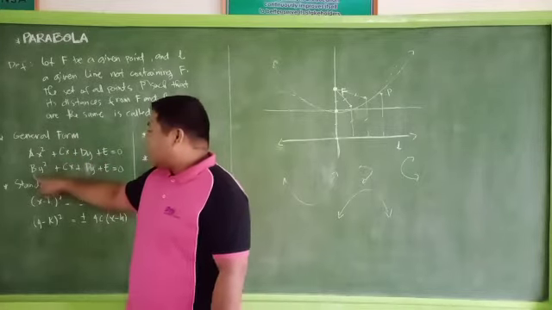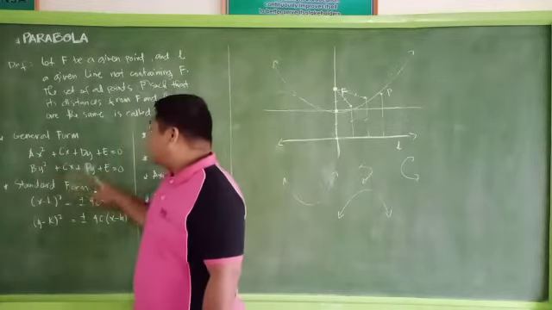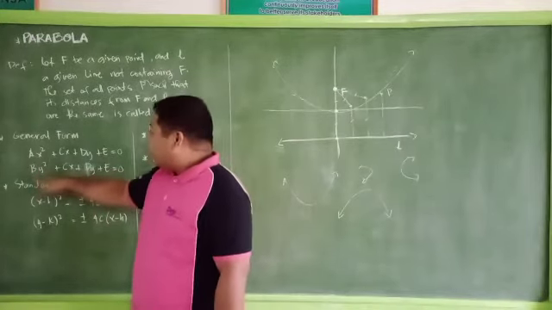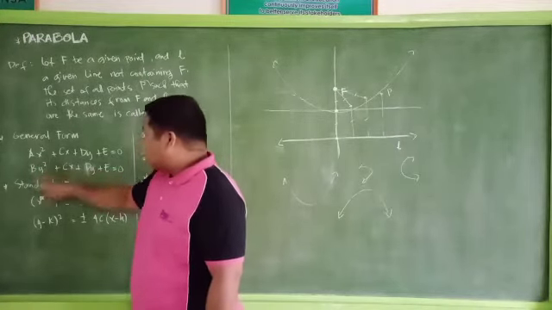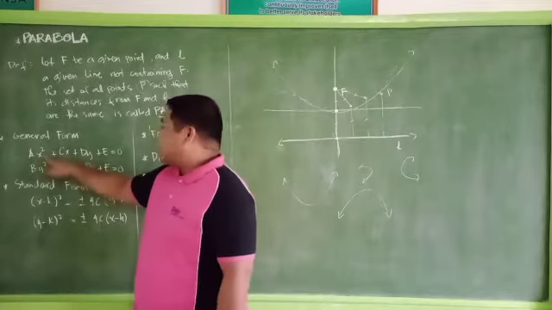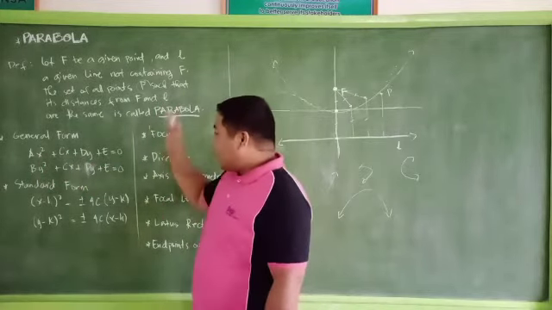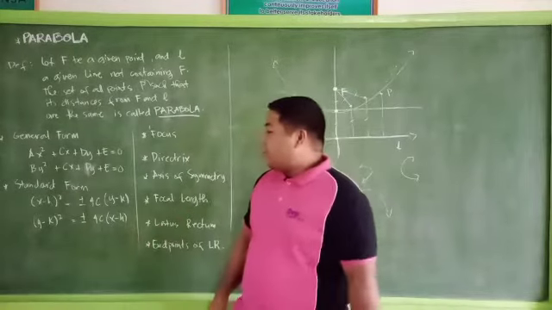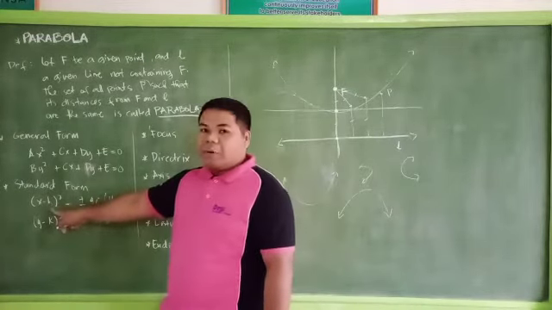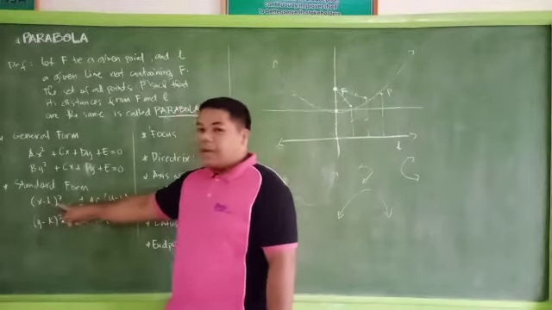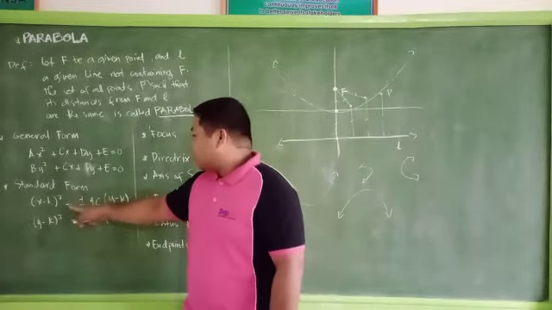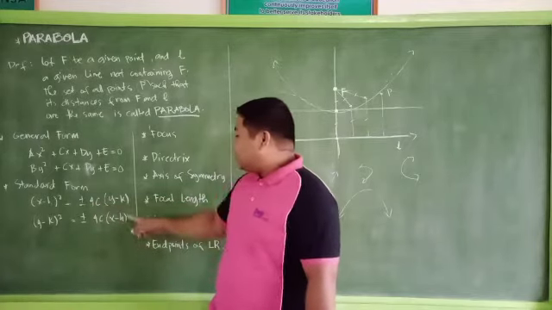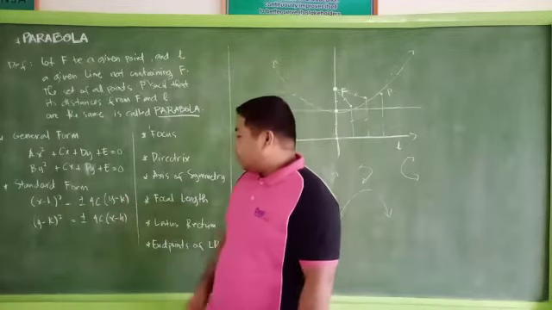Sa pangalawang equation natin, mapapansin natin na meron siyang by squared. Mamaya explain ko ang pagkakaiba nila. Next one is the standard form. Meron tayong standard form also: (x minus h) raised to 2 equals plus or minus 4c times (y minus k).